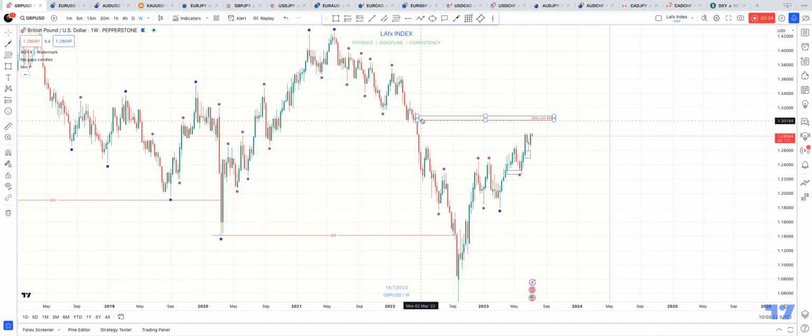The reason I'm looking at this area is because we broke a major structure, a major low here with this push. We went on to break another major low here. Major low because this swing took out this one, which was a minor high, but also took out this one, which was a major high, right? So this whole swing from here to there took out a lot of lows.